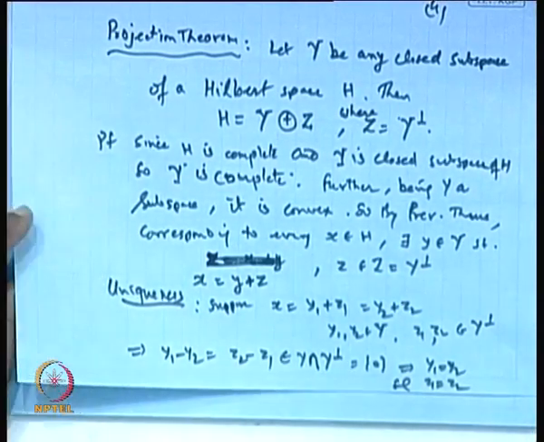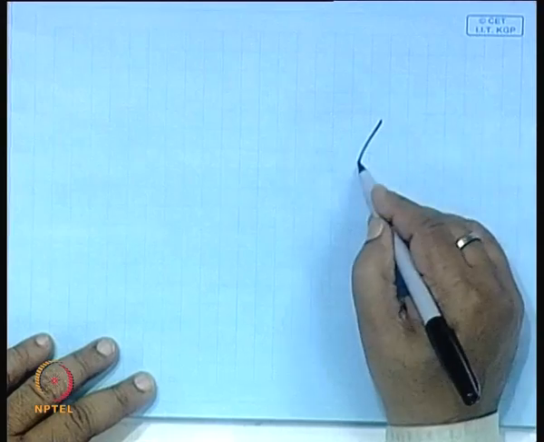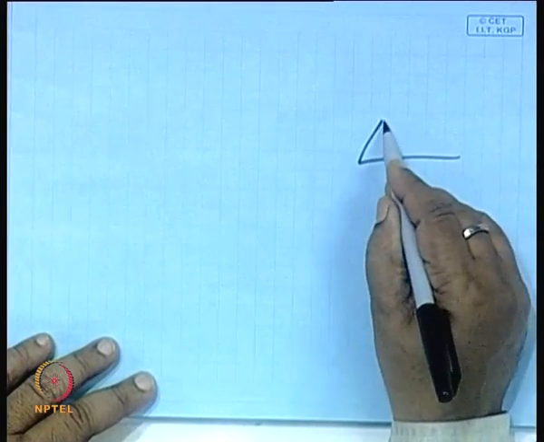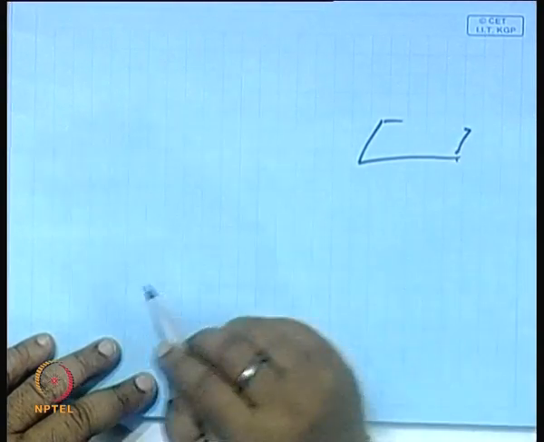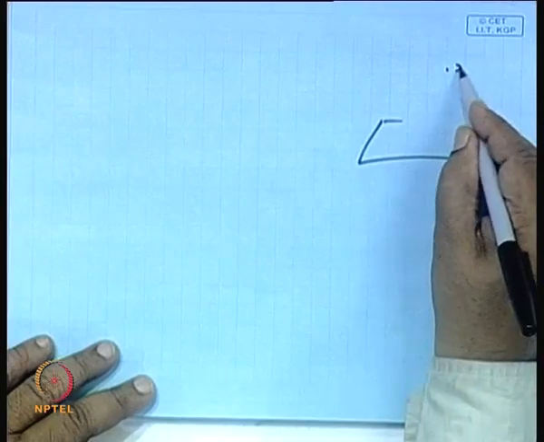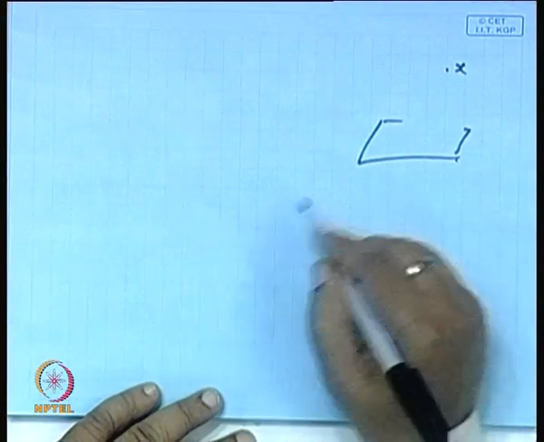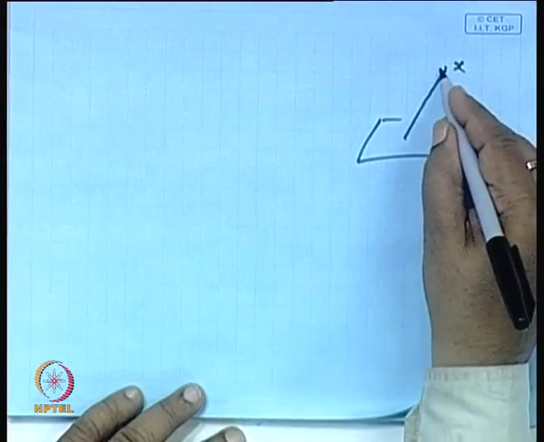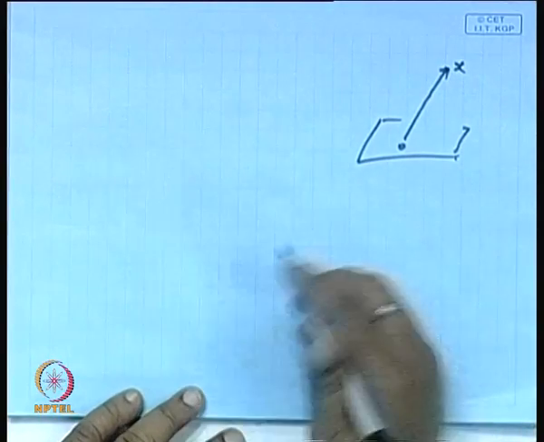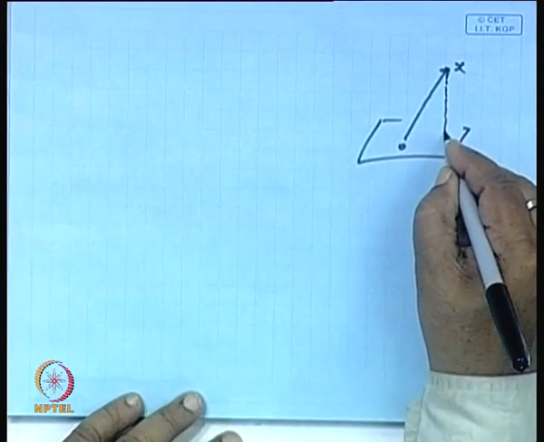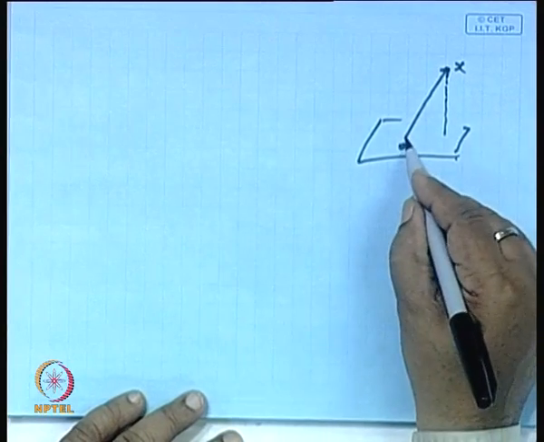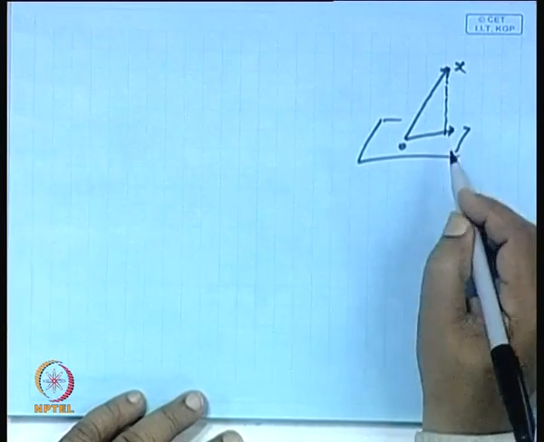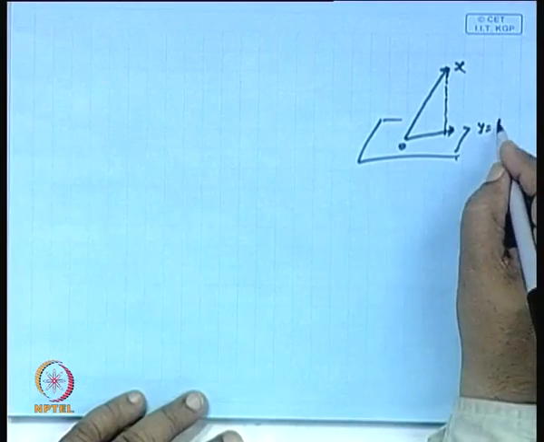Now, what is the consequence? How to get that representation? Suppose we have this plane and here is this point x, with the origin here. When you project it on this plane, you get this vector y equal to Px.